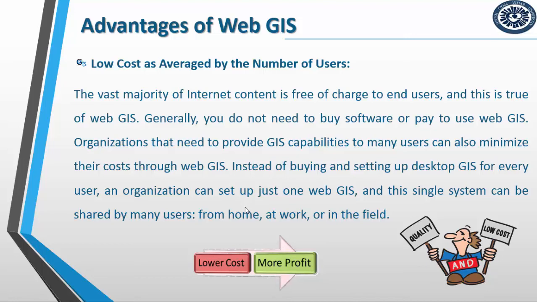Organizations that need to provide GIS capabilities to many users can also minimize their cost through WebGIS. Instead of buying and setting up desktop GIS for every user, an organization can set up just one WebGIS, and this single system can be shared by many users from home, at work, or in the field.